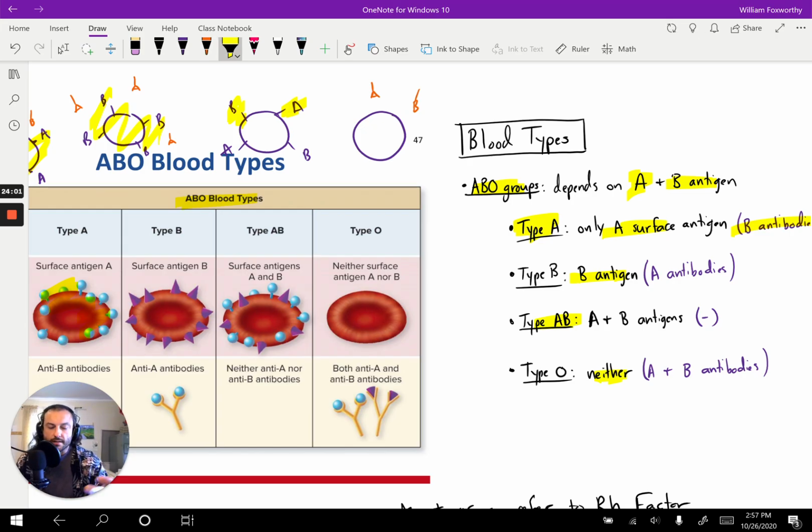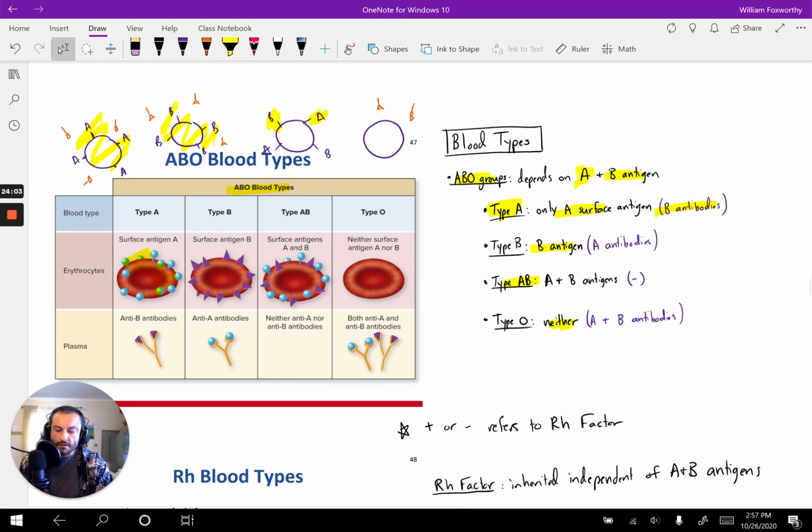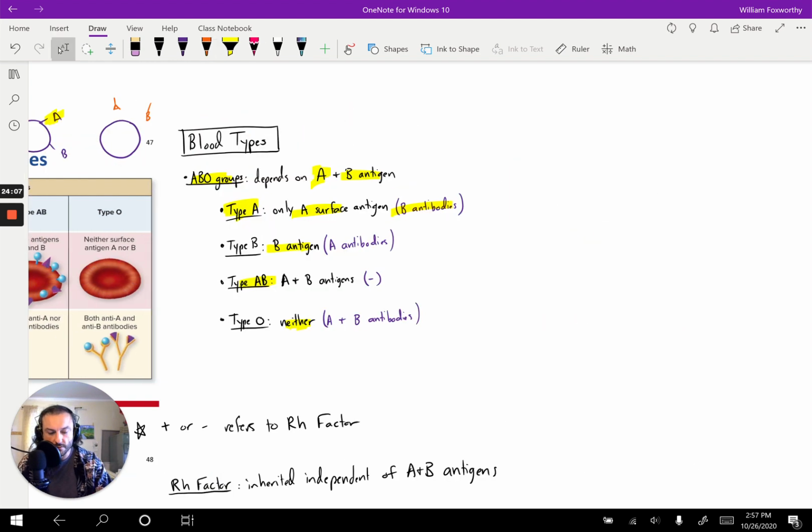So if you forget what all the blood types mean, all you really have to know is that the type refers to the antigen on the surface of the red blood cell. So again, for example, if you're looking at type B, that means this has B antigen. And then it has the opposite antibody because you don't want antibodies that are going to attack your own cells.